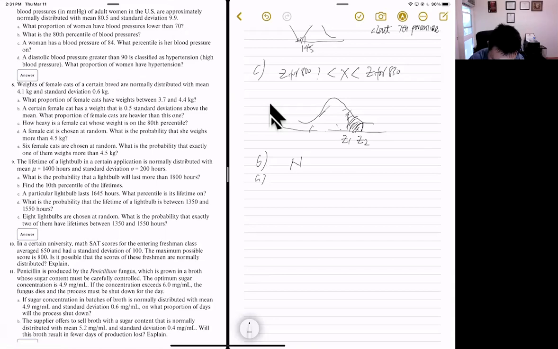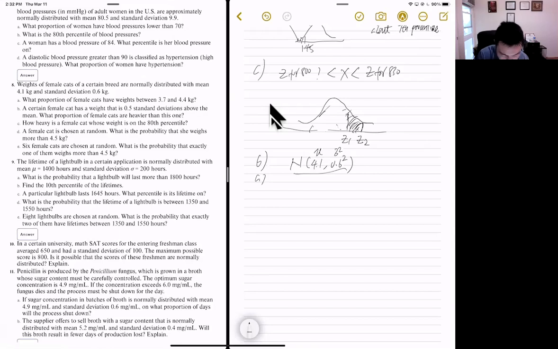It follows a normal distribution with mean 4.1 and variance 0.6 squared. Don't forget that's squared, because variance is the square of the standard deviation sigma. So that's mu, sigma squared.